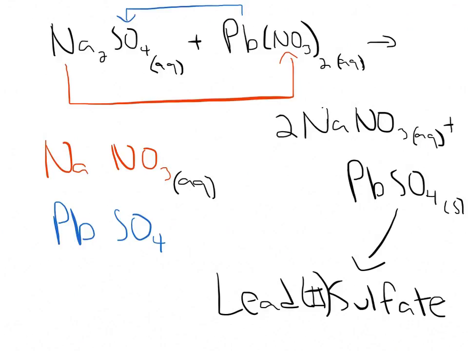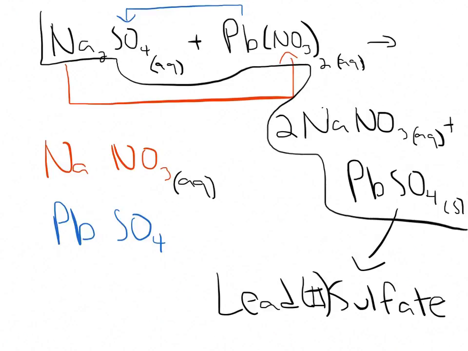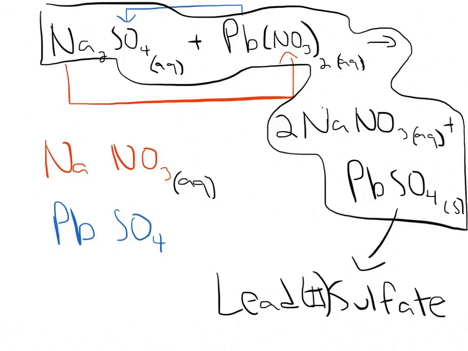That balances the Na's. Let's check the SO4s. One SO4 there, one SO4 there, one Pb there, one Pb there, two NO3s, and two NO3s. So now it's balanced. Now we can draw a box around it. That is our completed reaction.